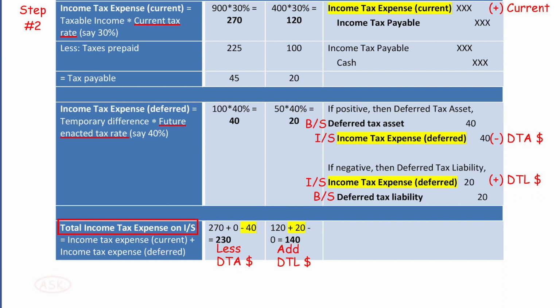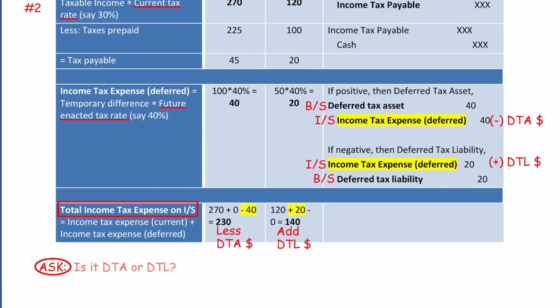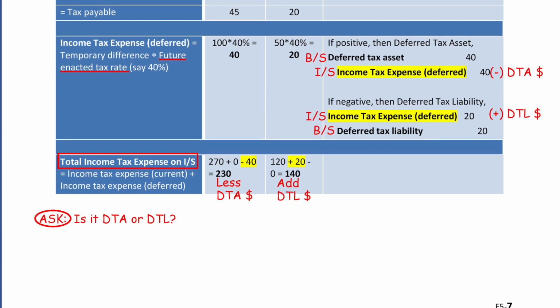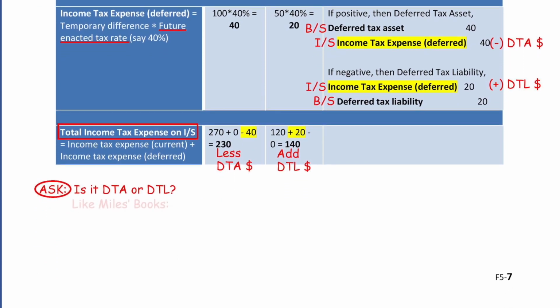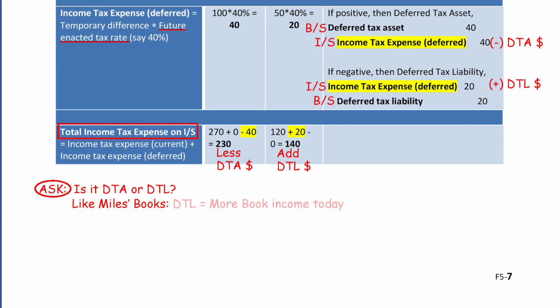So you want to ask, is it a DTA or DTL? And we're going to use our mnemonics here, like Miles books. So DTL equals more book income today.